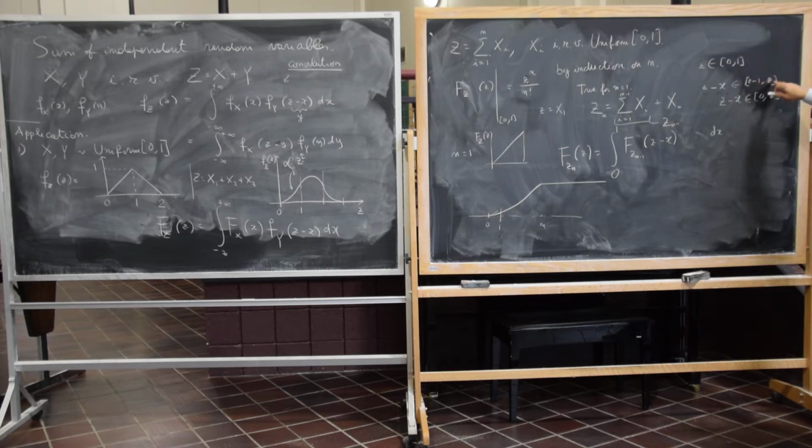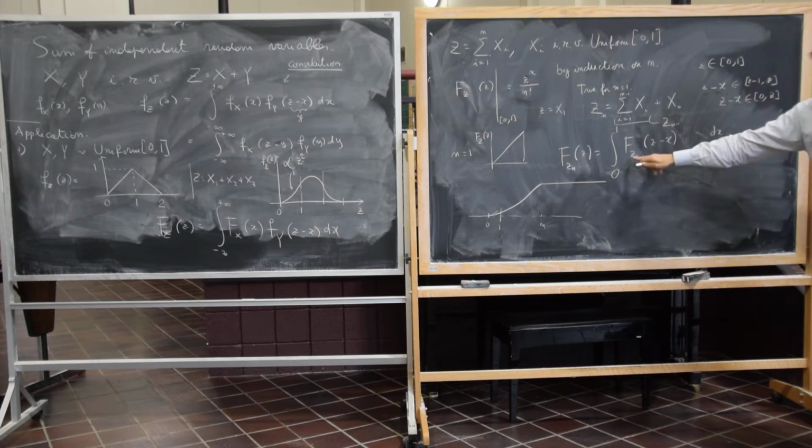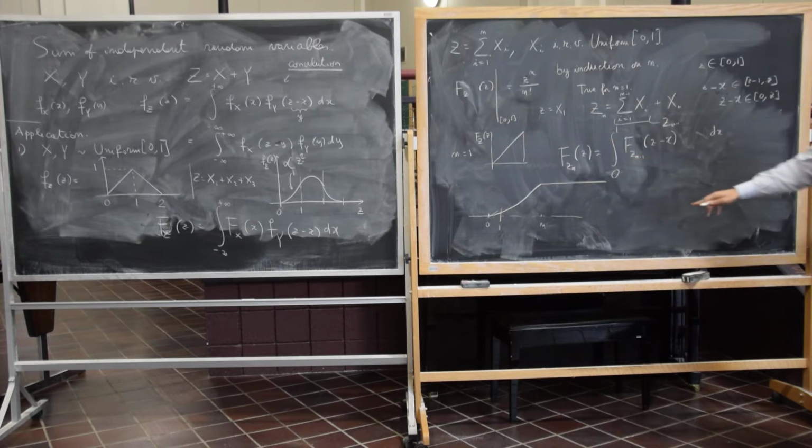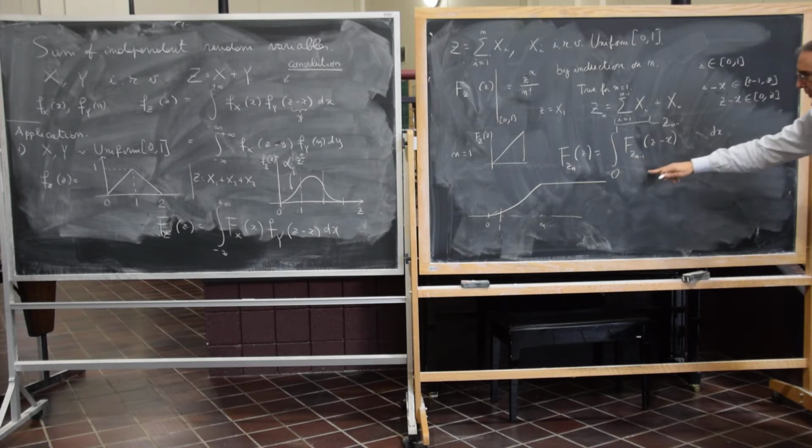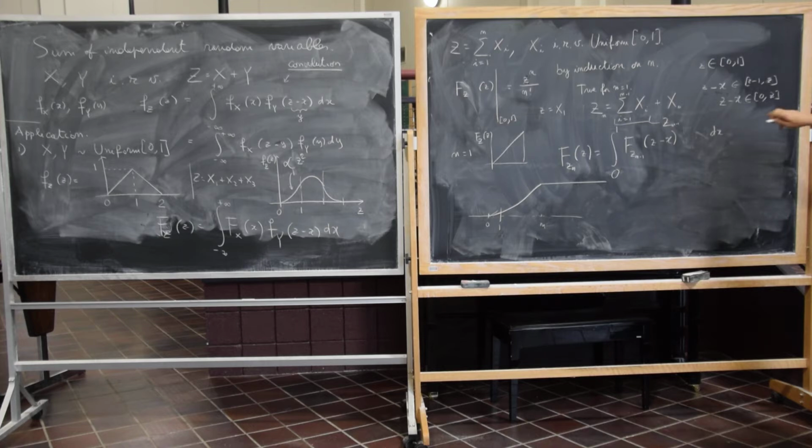It's only in a subset of this region that you get a non-zero value. If z minus x is less than 0, then this function is 0. So you don't need to integrate when x is from 0 to 1. In practice, it's enough that z minus x belongs to 0, z.